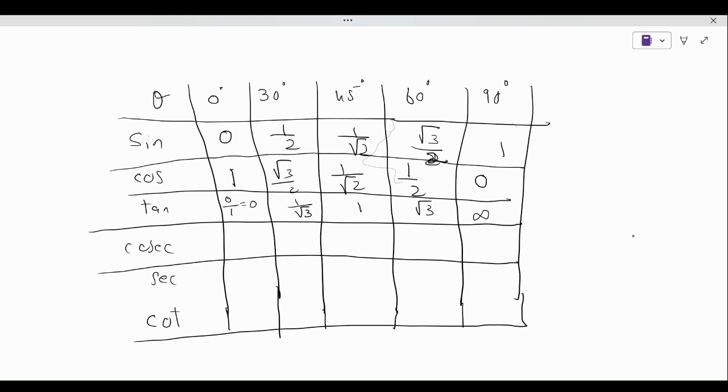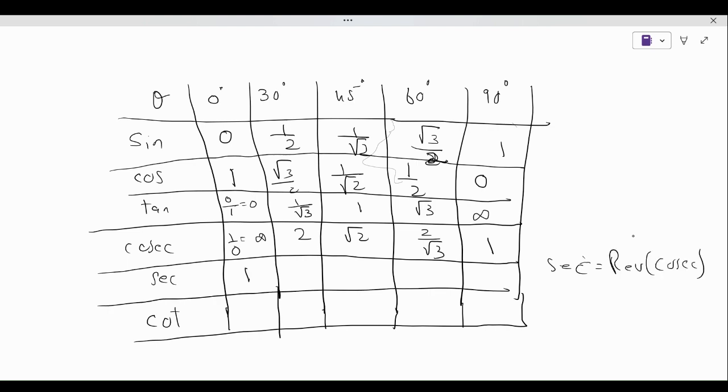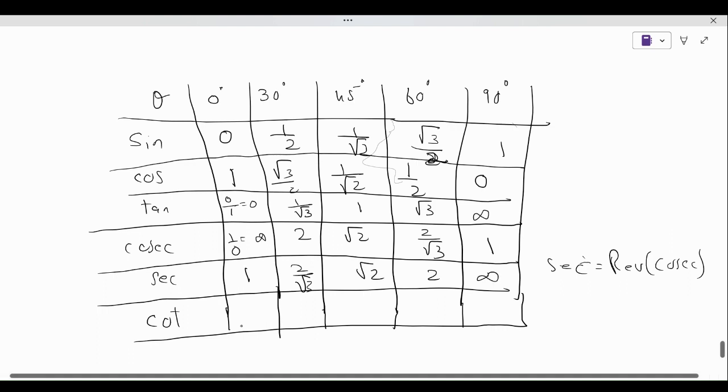So 1 by 0 is equal to infinity, 2, root 2, 2 by root 3, and 1. For sec, you have to reverse. Sec is equal to the reverse of cosec. So 1, 2 by root 3, root 2, 2 and infinity.